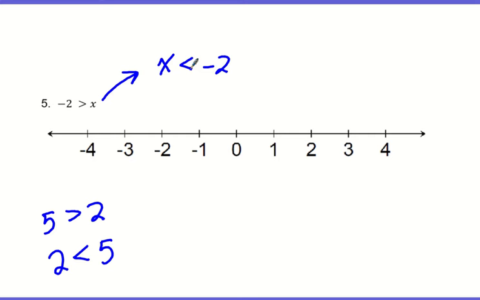And now that is much easier, in my opinion, to wrap your brain around when it comes to doing the graph of this. And you're going to put an open circle on negative 2 and shade to the left, because that's where everything is that is less than negative 2.